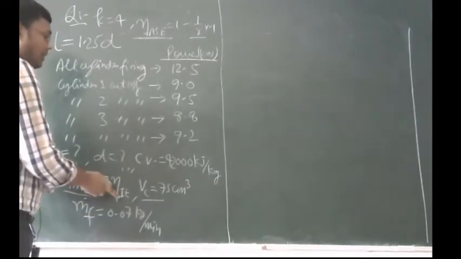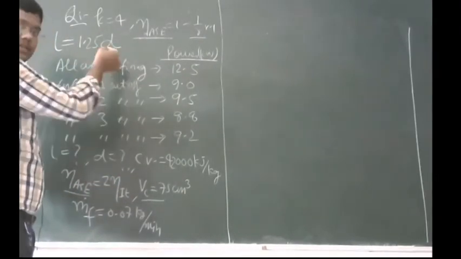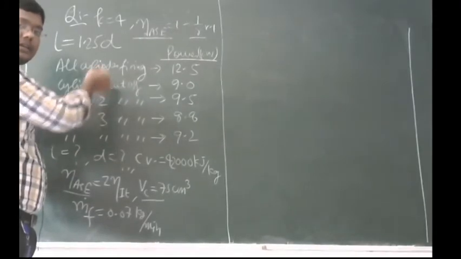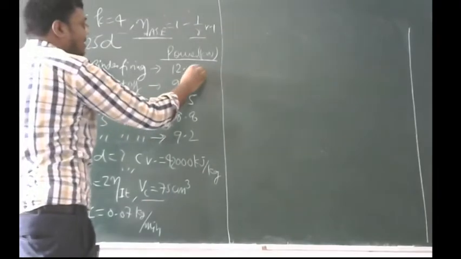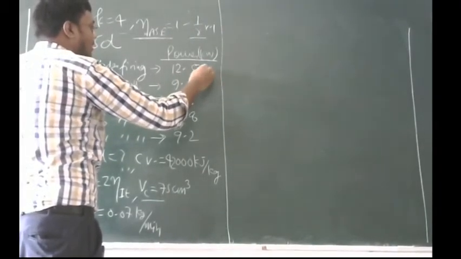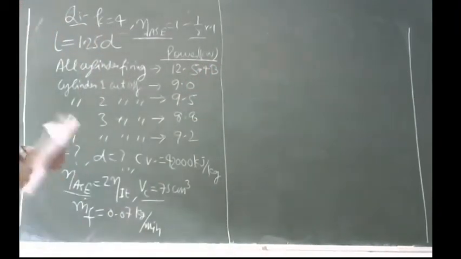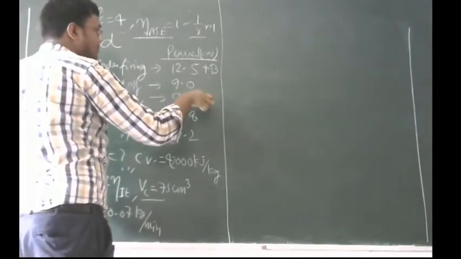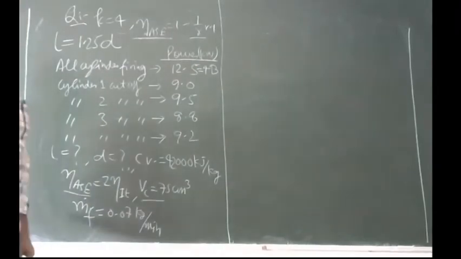To calculate the indicated power, this data is given. With the help of this data, we can calculate the indicated power of the engine. In the first data, when all cylinders are firing, the power is 12.5. This is basically 4B, the brake power, because all cylinders are firing.